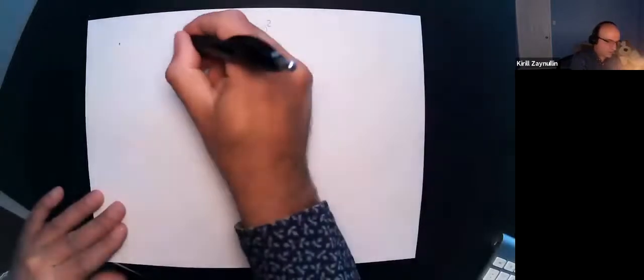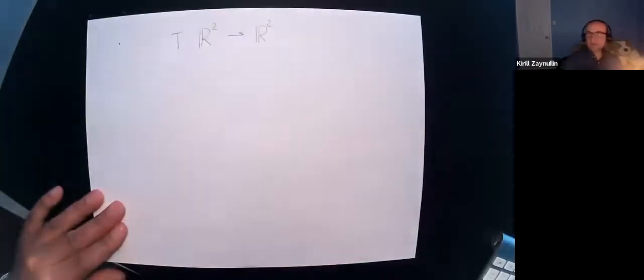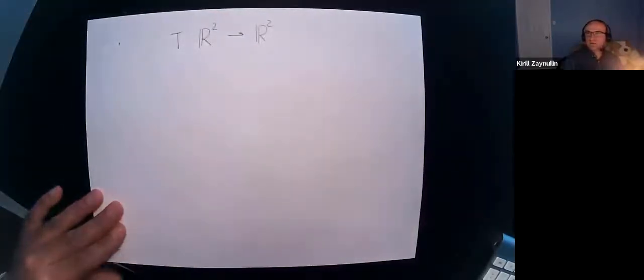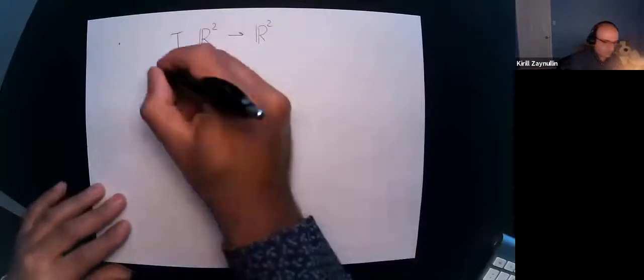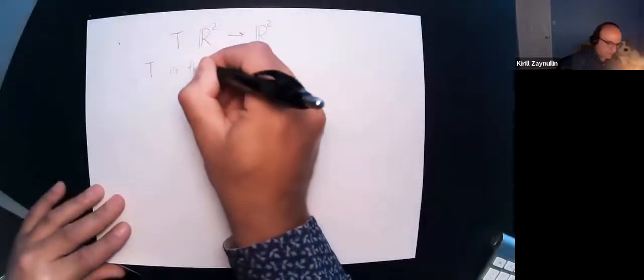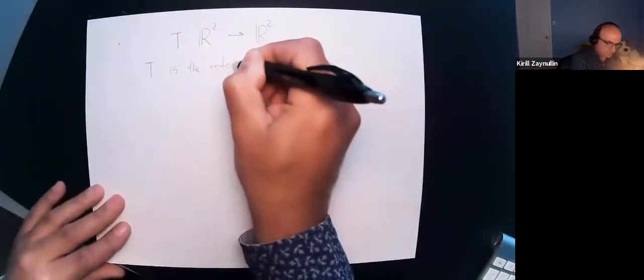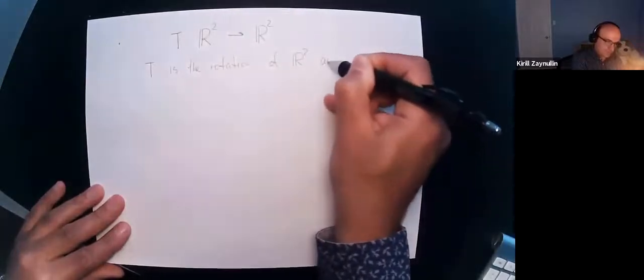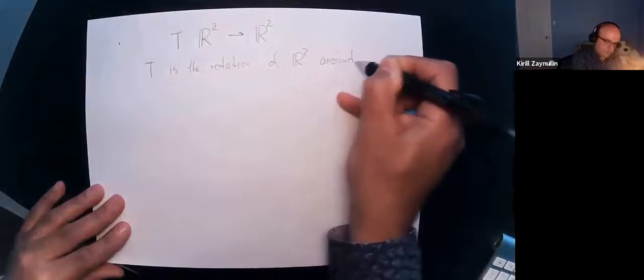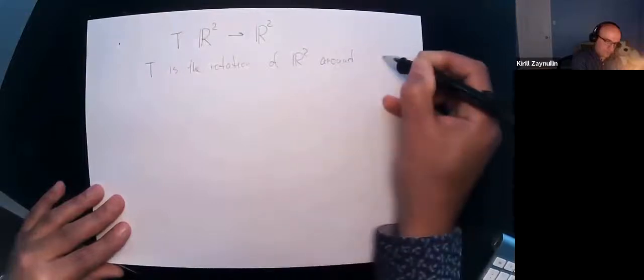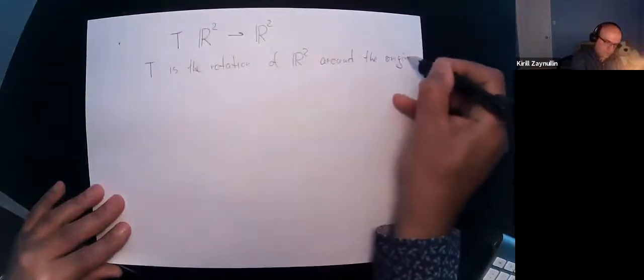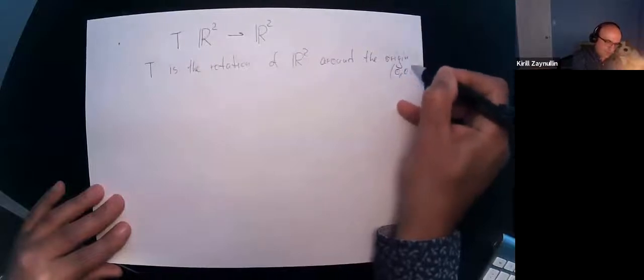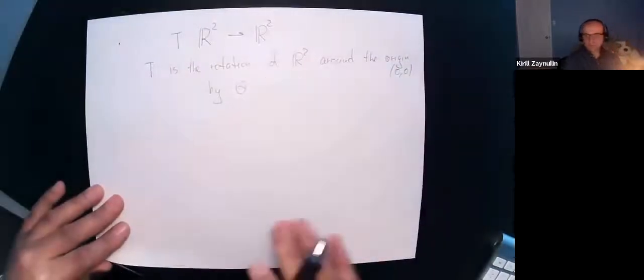And our linear transformation rotates our plane around the origin by the angle, say, theta. So T is the rotation of R2 around the origin (0, 0) by the angle theta.